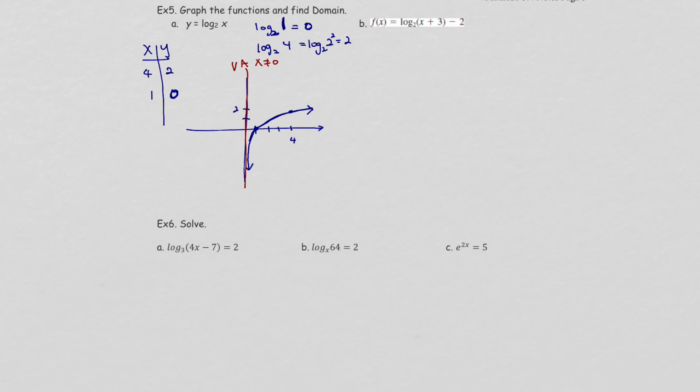So if I move the vertical asymptote left 3, it will be 1, 2, 3, negative 3. So that's going to be your vertical asymptote.